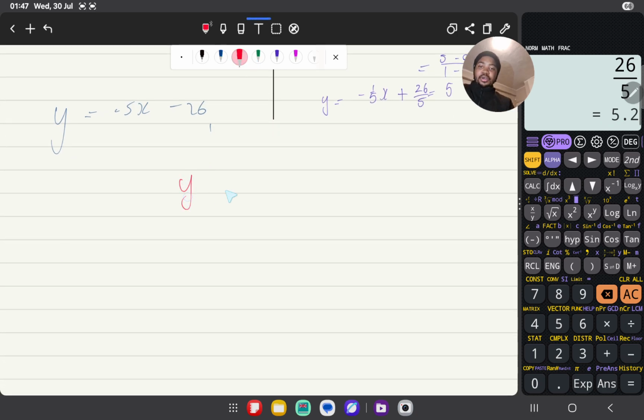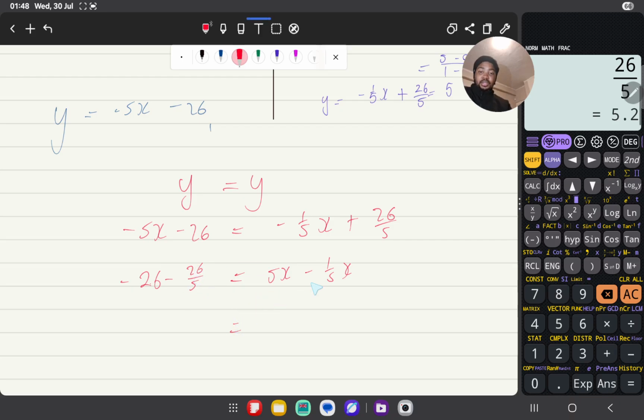So I will say y equals y, which is minus 5x minus 26 equals minus 1 over 5 x plus 26 over 5. Let me take the minus 5x to that side. So I have minus 5x minus 1 over 5 x equals 26 over 5 plus 26.